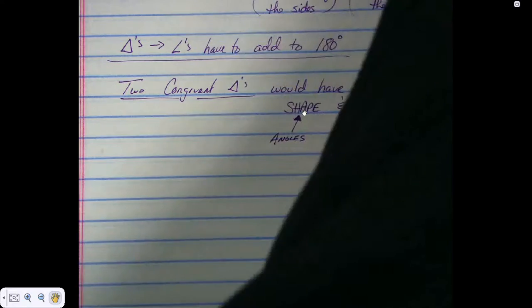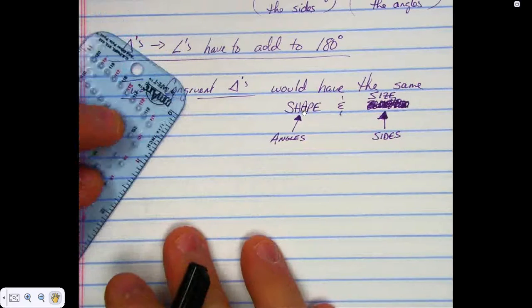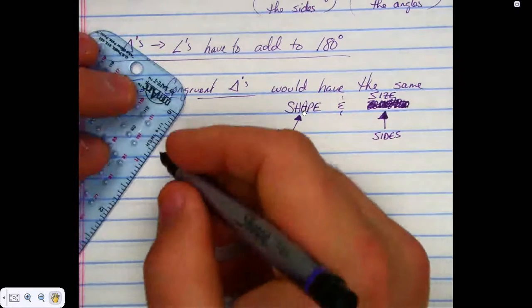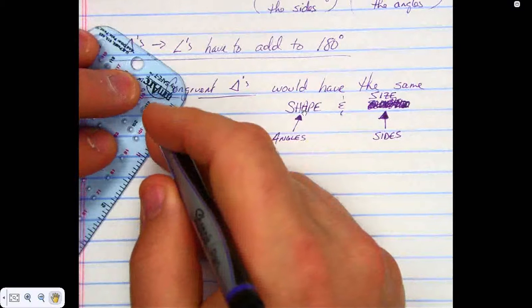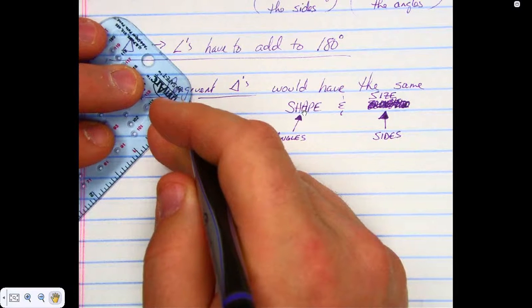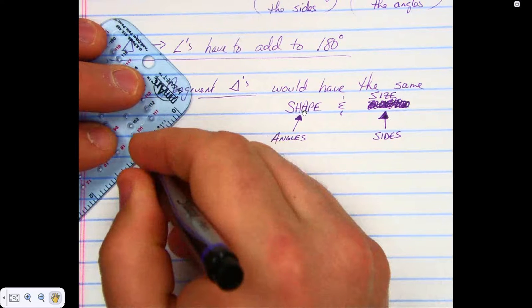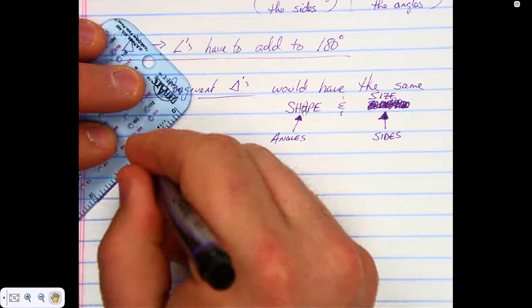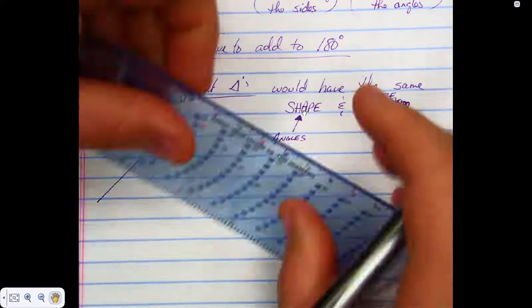So now what I would like you to do is use the lines here to draw yourself two triangles that are roughly... look, I want you to draw two congruent triangles on your paper. I want you to do your best to try to draw two congruent triangles.